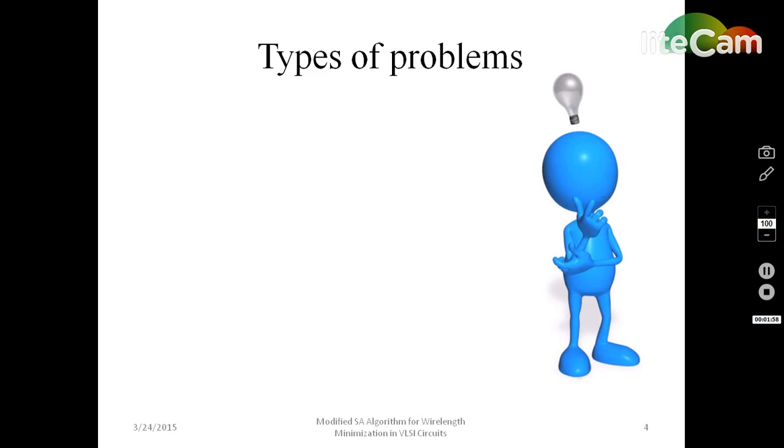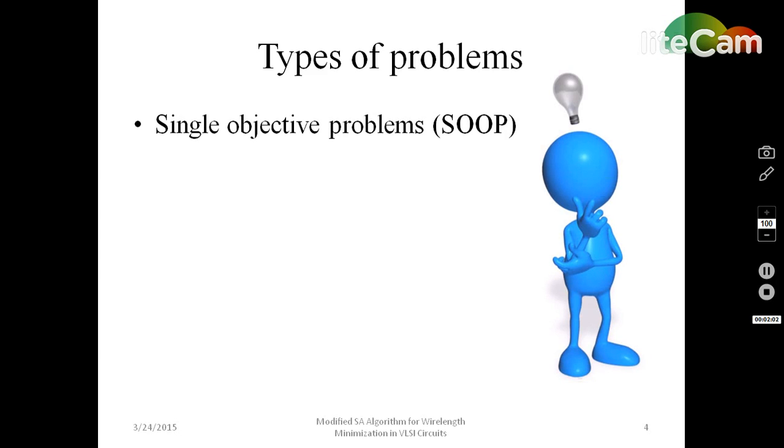Generally, these problems can be classified as a single objective optimization problem. A single objective optimization problem is a problem concerned with only one objective, that is, only one parameter that has to be minimized.